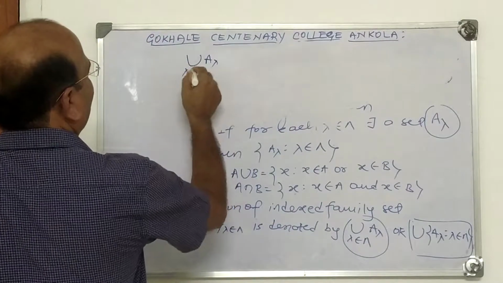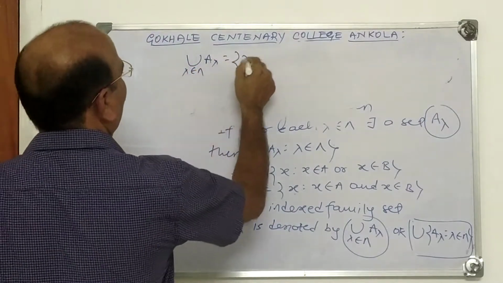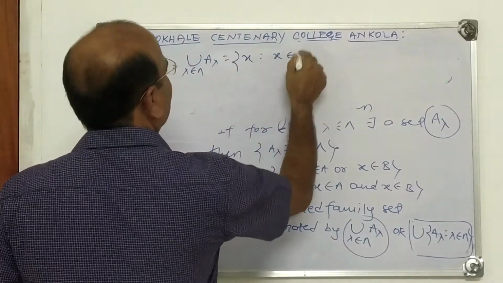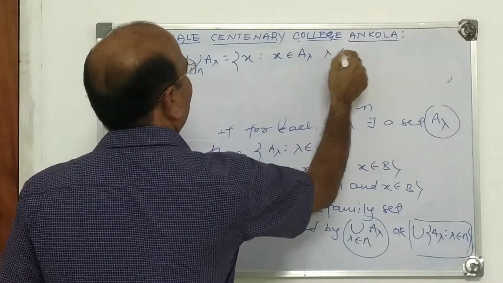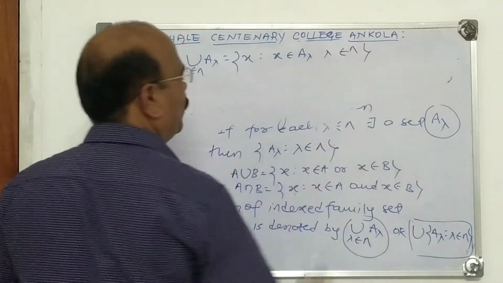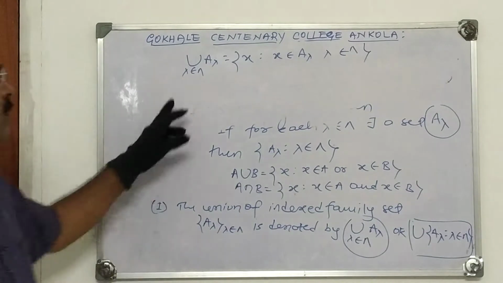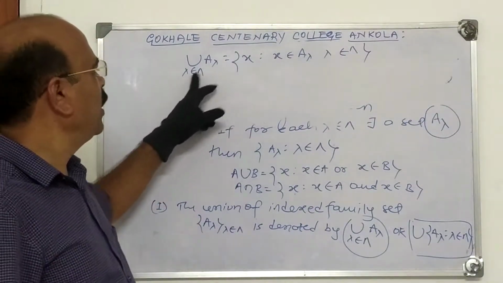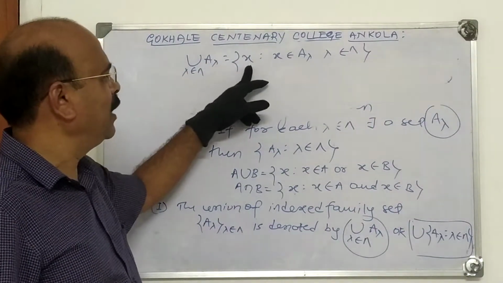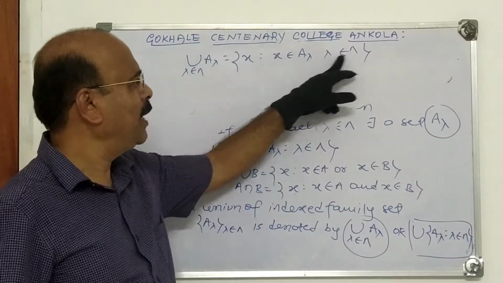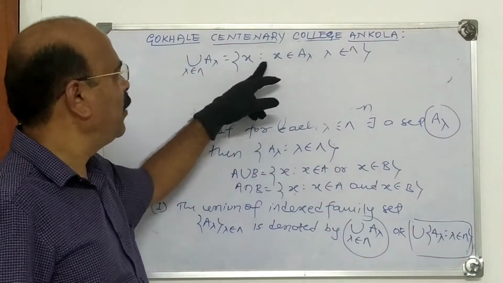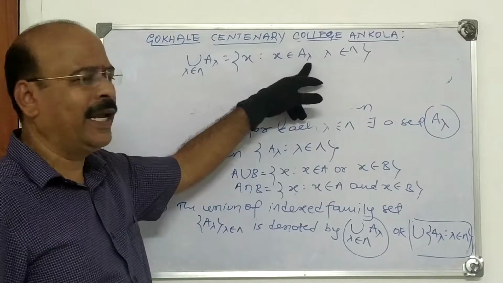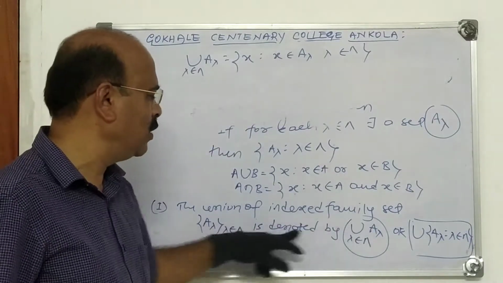Union A lambda, lambda belongs to lambda, is the set of all x such that x belongs to A lambda, lambda belongs to lambda. What is the meaning of this? It means if x belongs to at least one A lambda. You know what is indexed family of sets?